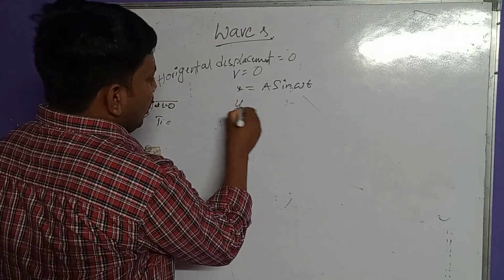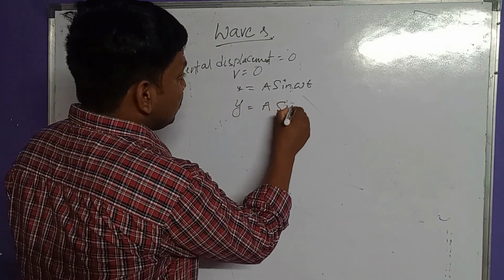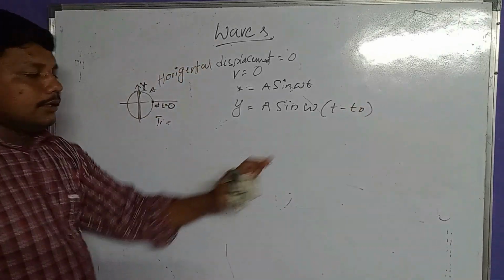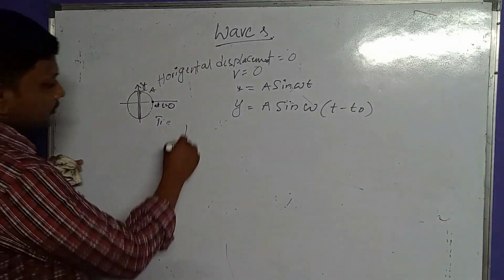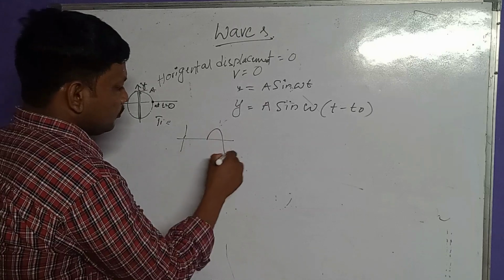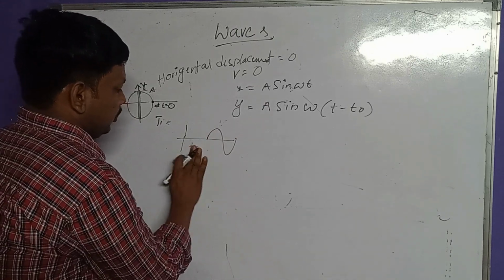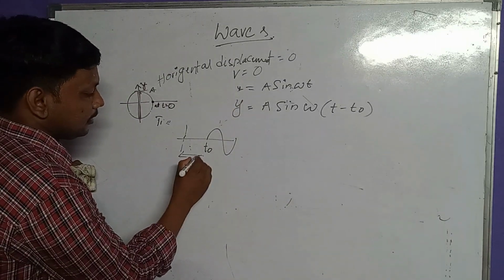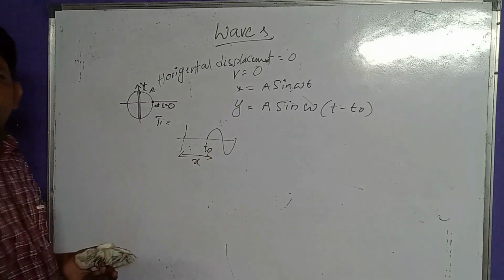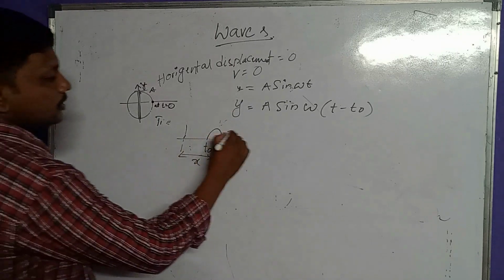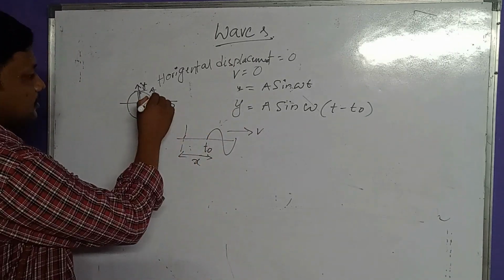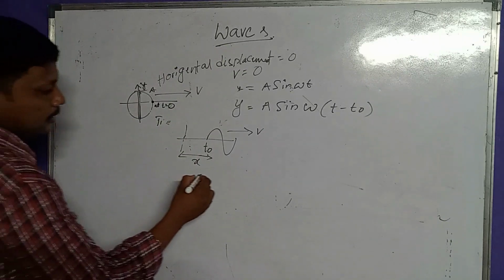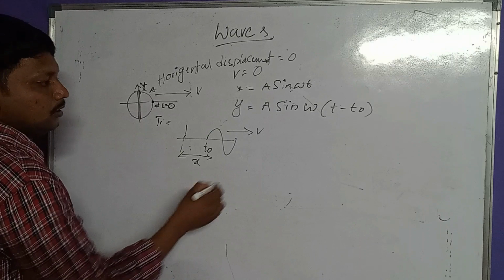Here y is equal to a sin omega (t minus t naught). If we delay by t naught seconds, the waveform now starts at t naught. The distance traveled in t naught seconds is x, and the velocity of the wave is v.